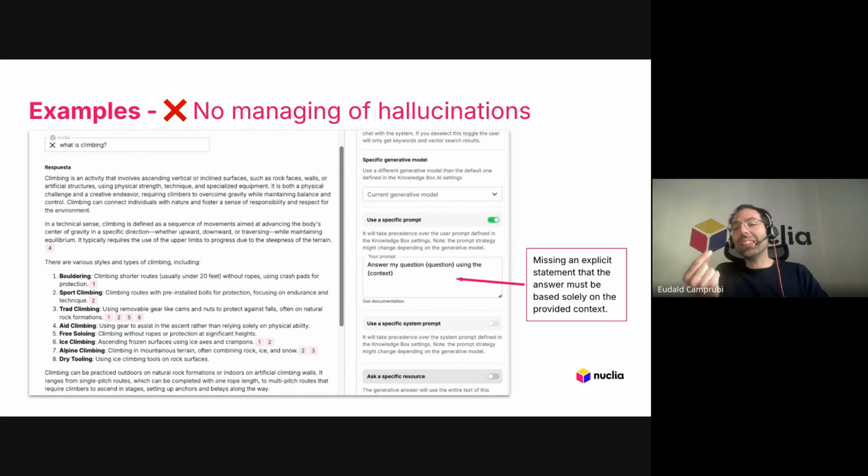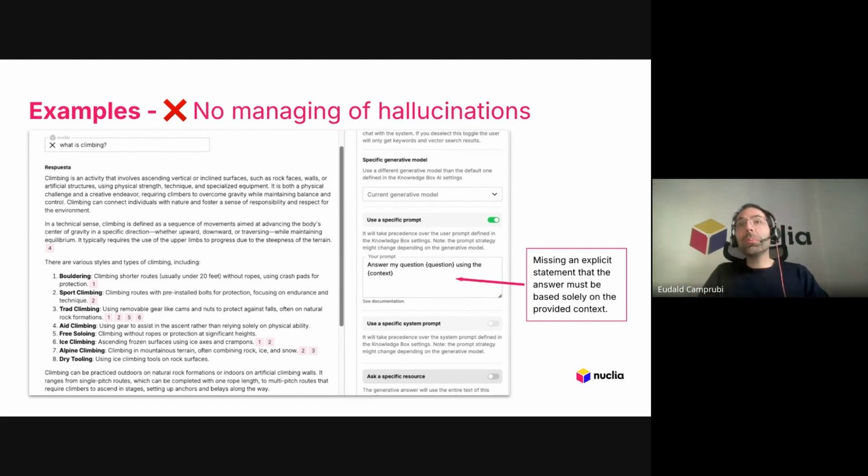And in that case, our customer did not make clear to the model that it should answer only, exclusively, with the information in the context. So the model is answering based on the retrieval that we are providing, but since the model has a lot of knowledge on its own, it's adding to the answer not only the information from the context, but also the information that the model knows by its own.